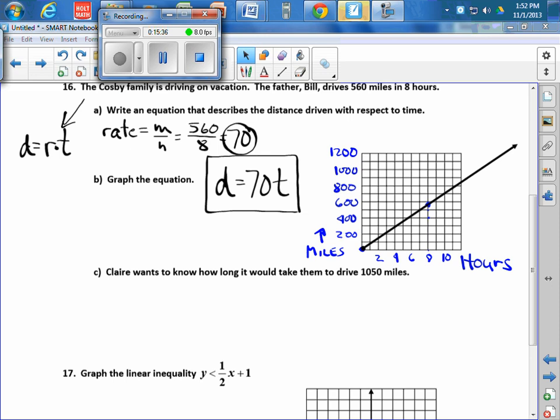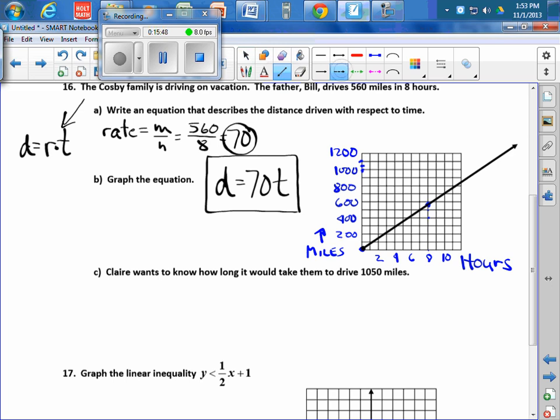Now, the next question is, how long would it take him to drive 1,050 miles? Now, 1,000 is here. Here's 1,100. Here's 1,050. What I would like to do, but it gets off my graph here, so this may not be the best thing to do.